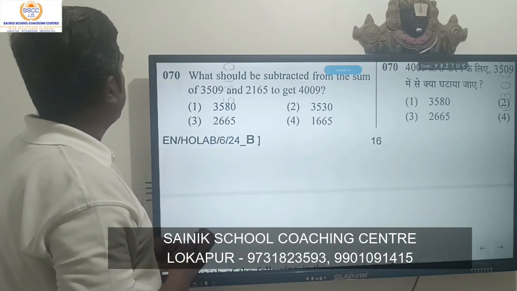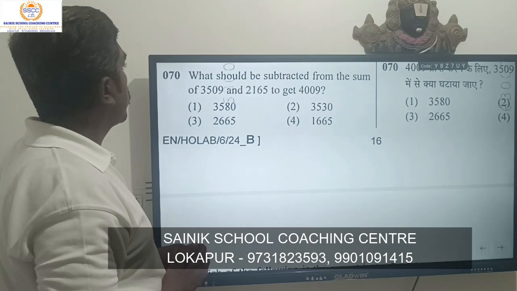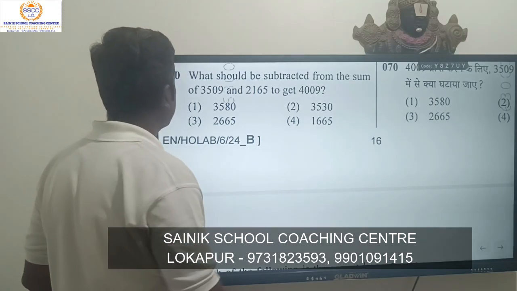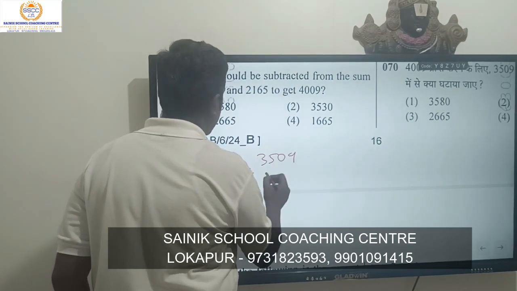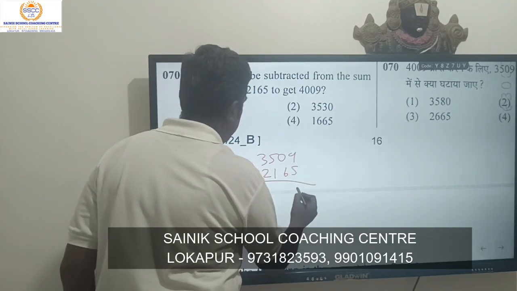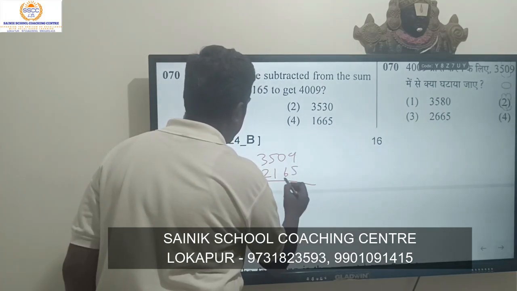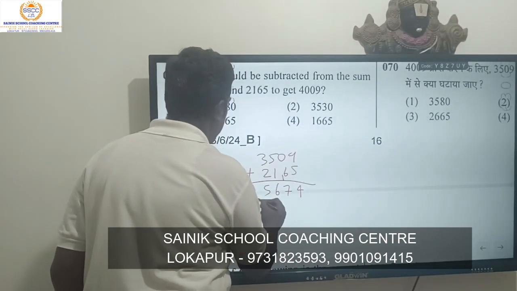What should be subtracted from the sum of 3509 and 2165 to get 4009? So we have to find the sum of 3509 and 2165. What will be the answer? 9 plus 5 is 14, 6 plus 7, 5 plus 6, 3 plus 2 is 5.